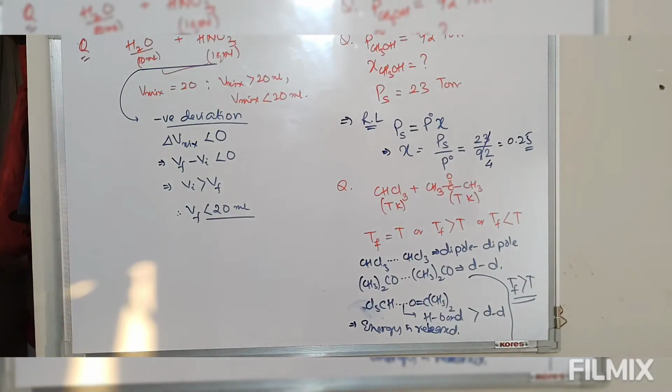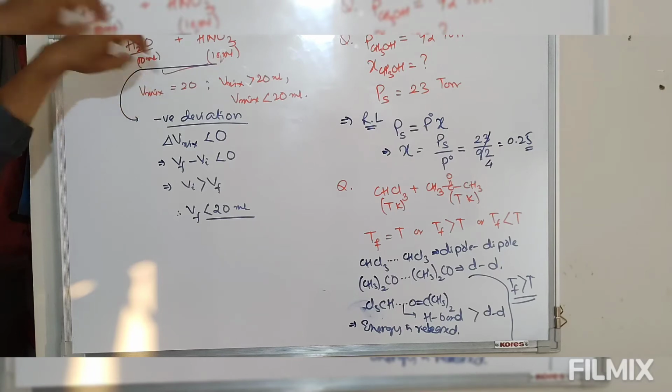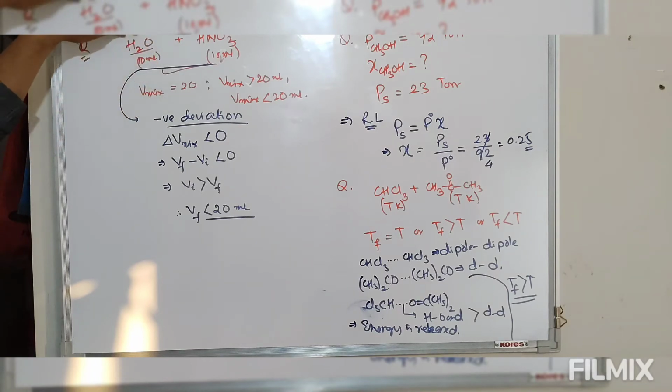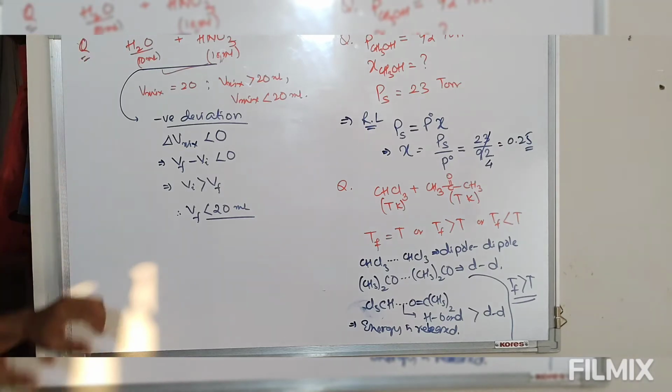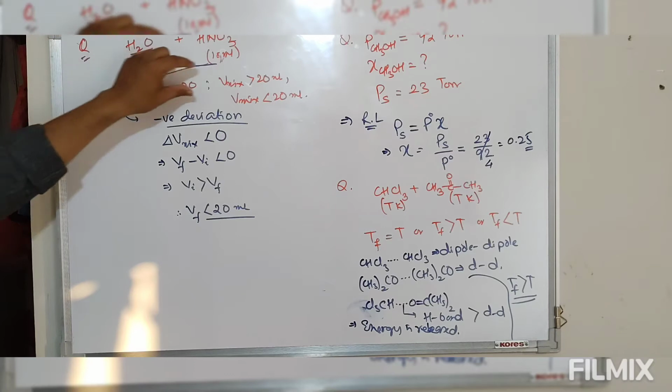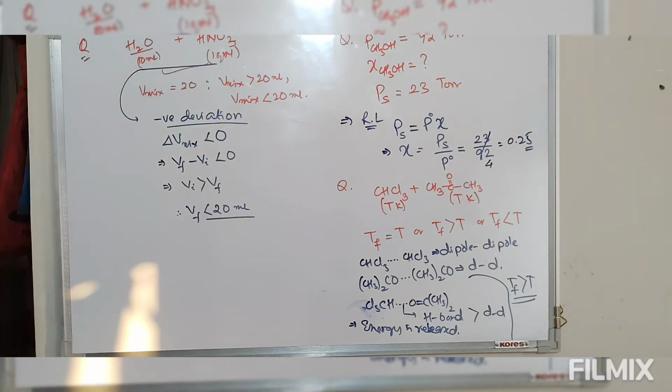There is a decrease in volume due to the stronger attractive force between water molecules and nitric acid molecules. So all this depends on the stronger attractive force, though I have expressed it in terms of delta V mix.